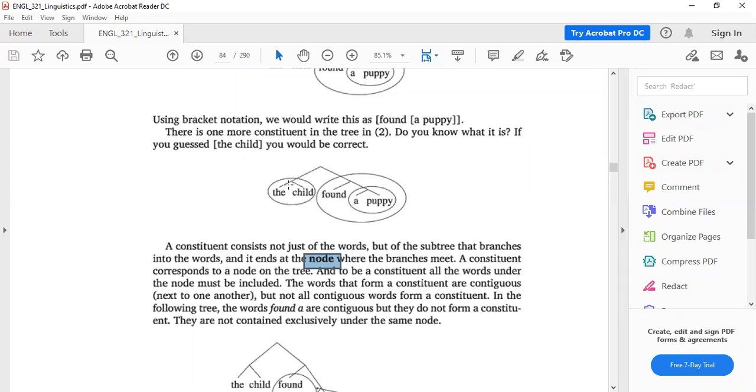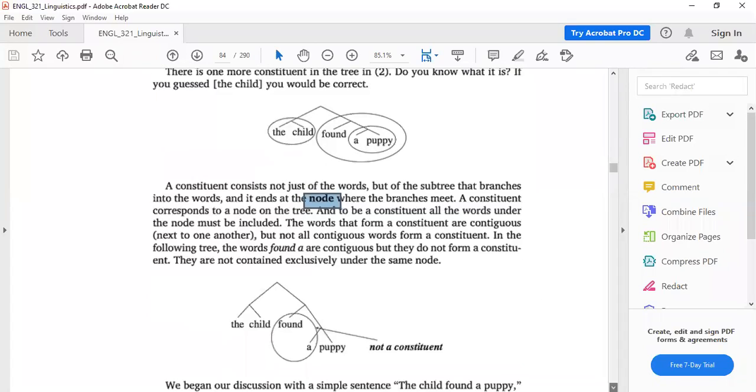So this is a branch, فرع. The end of every branch is a node. Now we use words. Later, maybe we are going to use labels like D, or N for noun and V for verb. These are called labels. But what is a node? A node is the end of a branch.